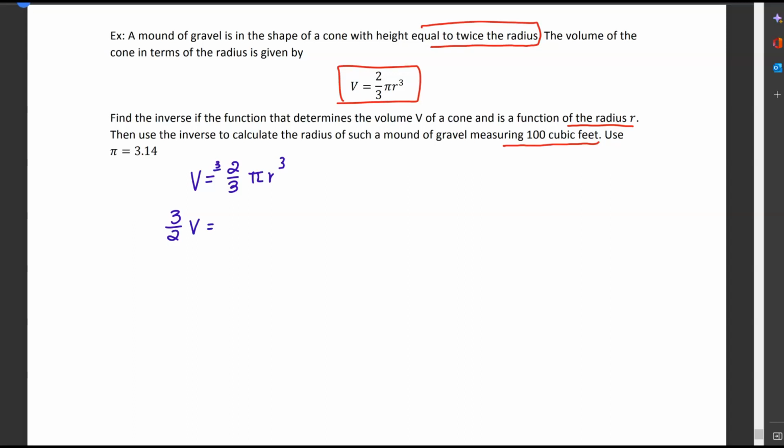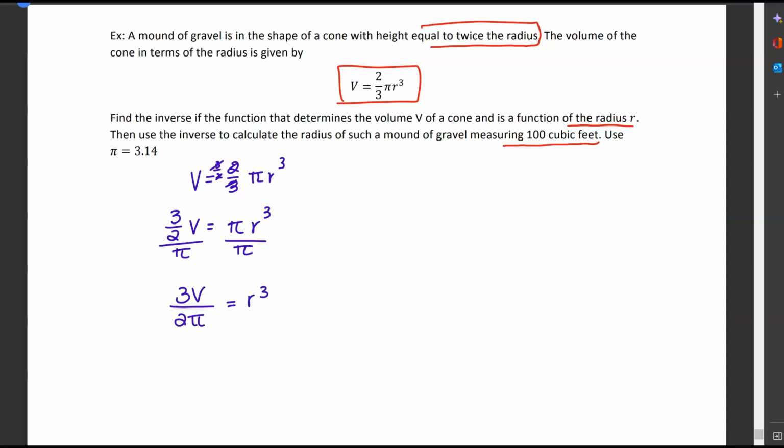If I multiply this by 3 over 2, we'll see that that cancels out. So we're left with pi r cubed. We're going to go ahead and divide both sides by pi. So this becomes 3v on the top, and I end up with 2 pi on the bottom, and this is equal to r cubed. Okay.